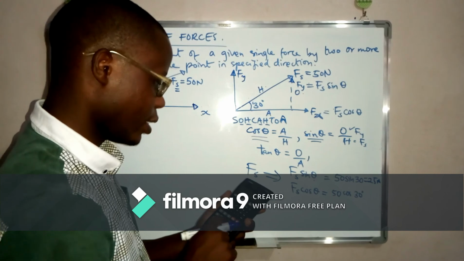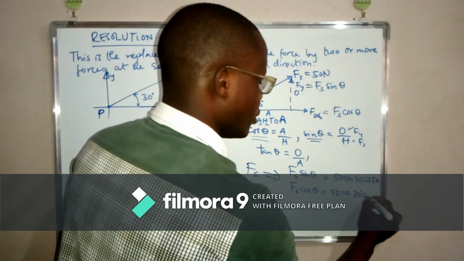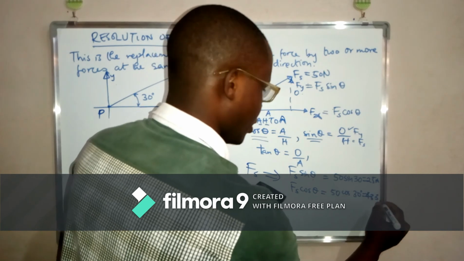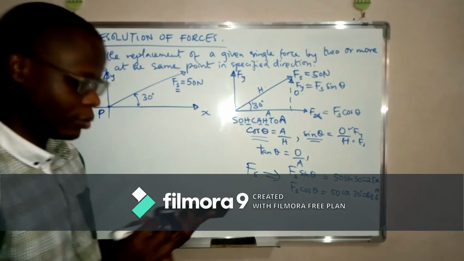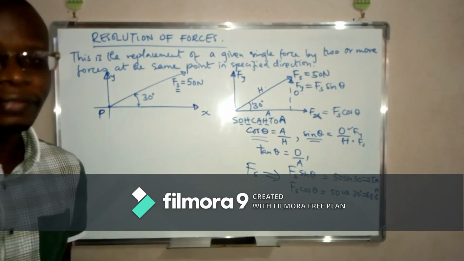Then you have 50 cos 30 is 43.3 newtons. So those are the two resolutions of this force Fs.